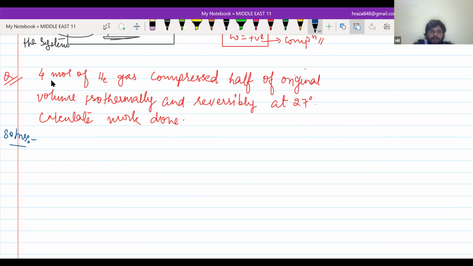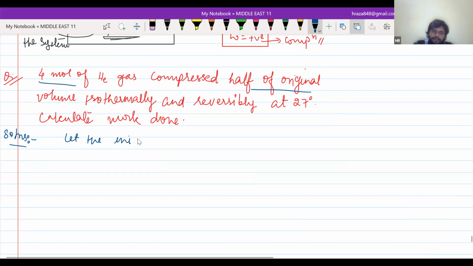Fawaz, Ifra, just see, the formula is given. It is compressed to half of the original volume.